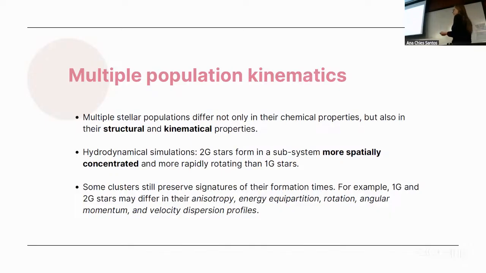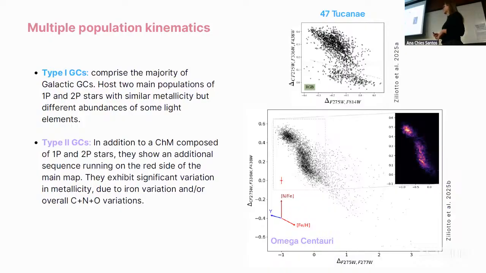If we have clusters that are not dynamically old, these initial conditions are still going to be present, and we can observe them in differences in some kinematic tracers, such as anisotropy, energy equipartition, rotation, and angular momentum, for example.